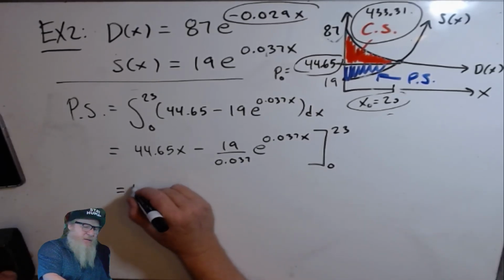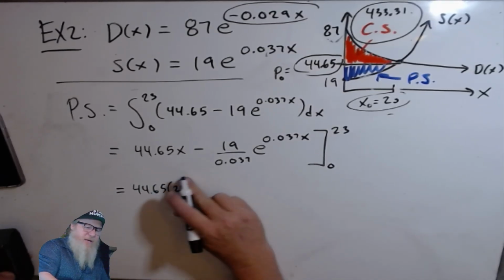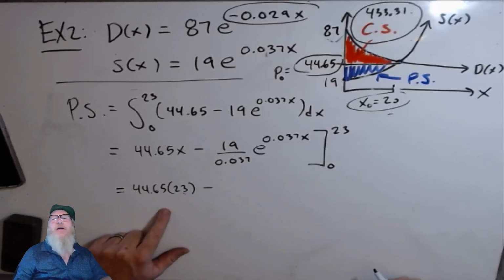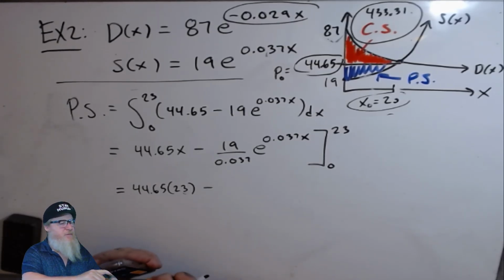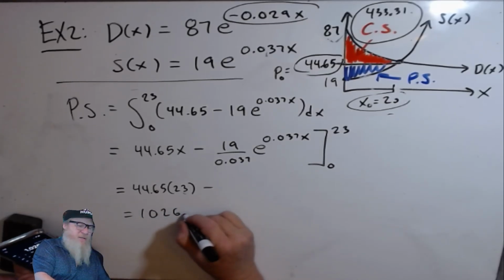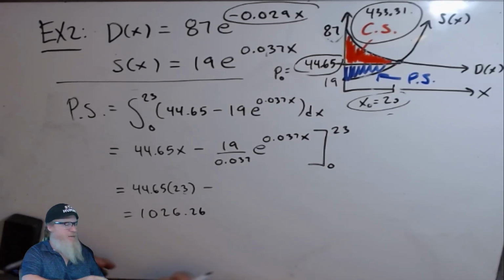All right, so I got 44.65 times 23, which I should have just written down from earlier. $44.65 times 23. That's $1,026.26. I already had that earlier.